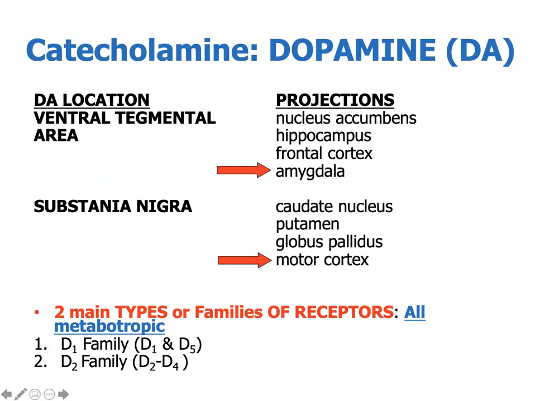The types of receptors that are utilized by these dopaminergic pathways are all metabotropic. So these are all dopamine receptors. They're D1 or D2 family. You don't have to worry about the smaller ones, D3, D4, and D5. But D1 and D2, and that they are all metabotropic receptors.